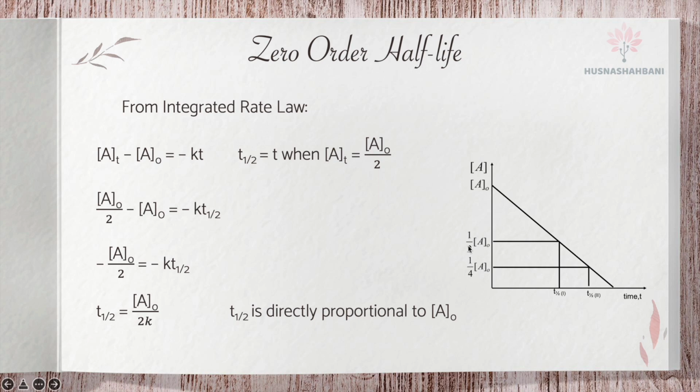It becomes half of the initial concentration of reactant A, and then the second half-life is half of 1 over 2, which is 1 over 4. This is the second half-life. So the half-life is directly proportional to [A]0. You can see from this graph, and from the equation of half-life, that it's directly proportional to [A]0.